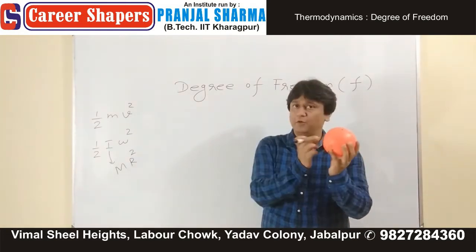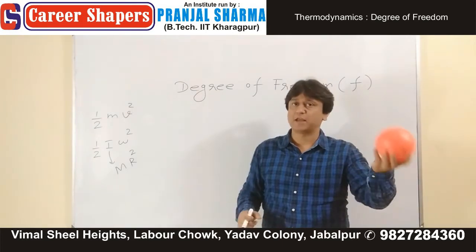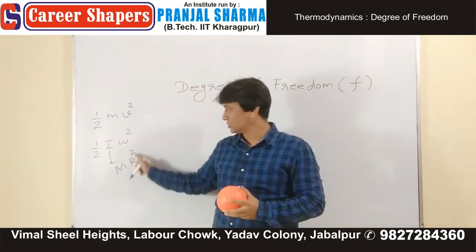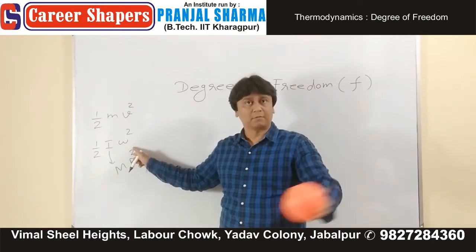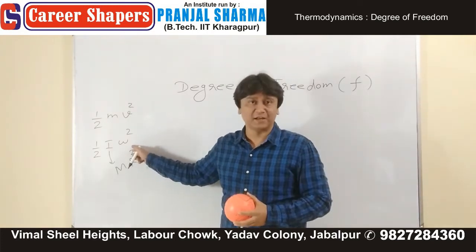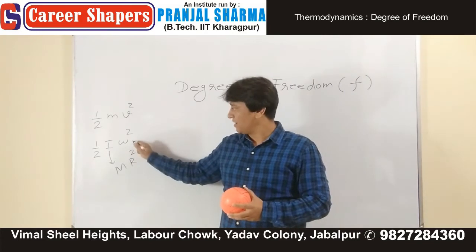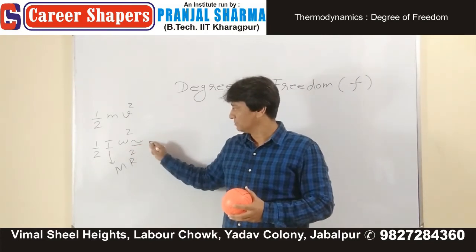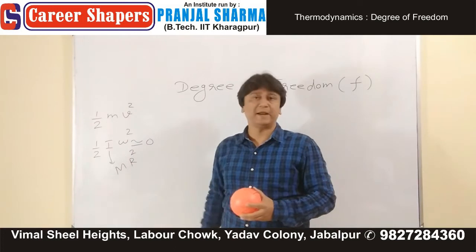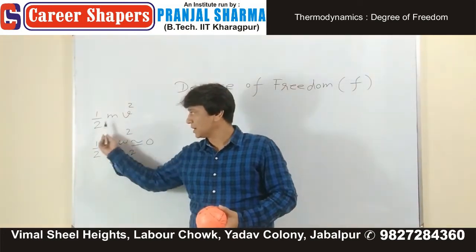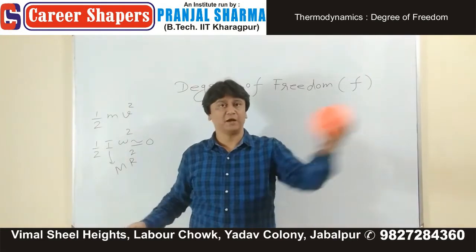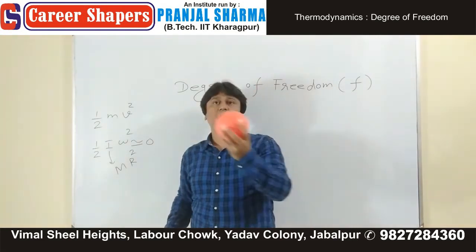R of an atom is very, very small, and therefore its square is even more negligible. So this half I omega square term is approximately 0 as compared to the translatory kinetic energy of an atom.